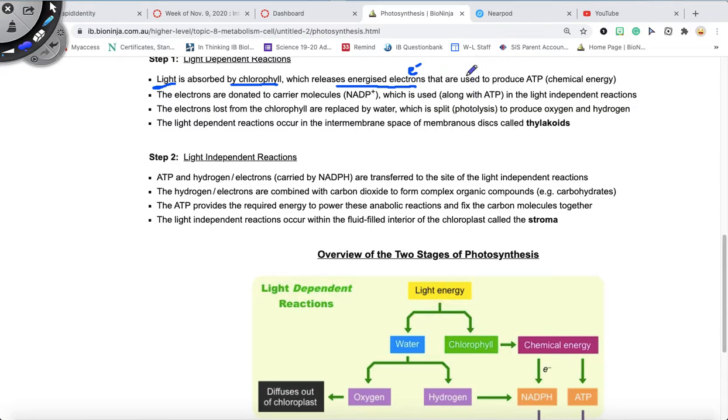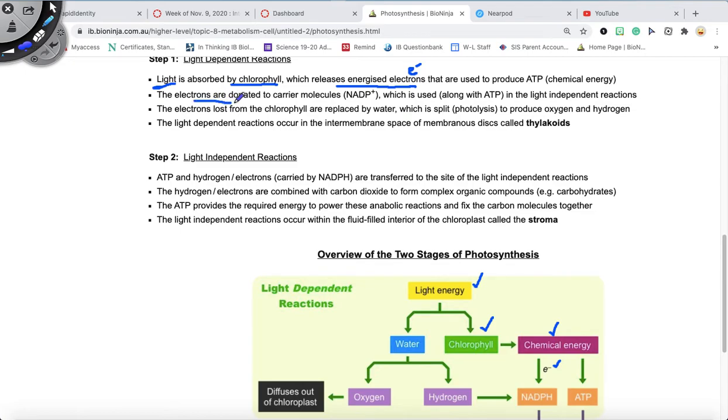So once these energized electrons are released, they can be carried by carrier molecules like NADPH, and we'll see that in just a moment. So here we see light energy hitting the chlorophyll. When that happens, the chlorophyll releases electrons in the form of chemical energy, and these electrons carry high energy.